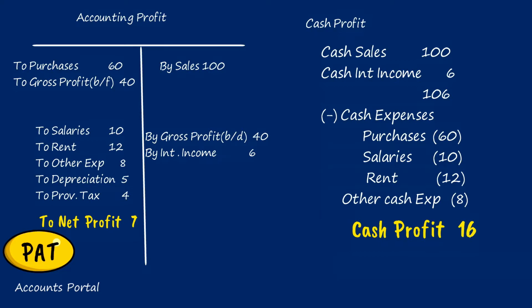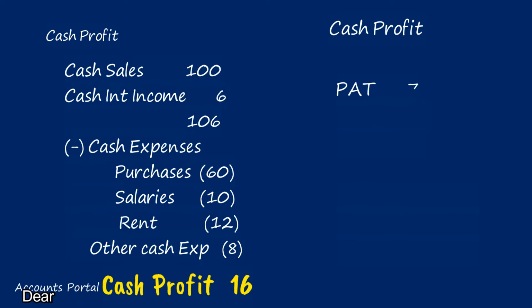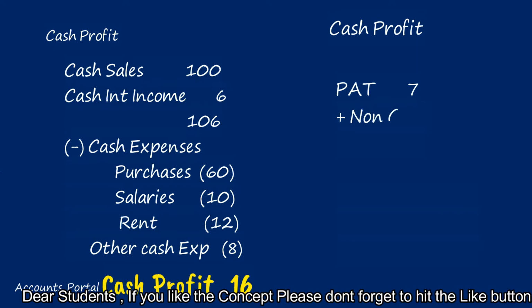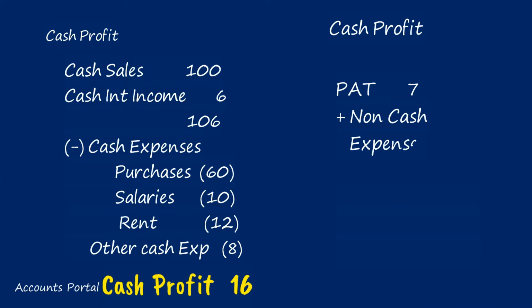Now, the same answer, 16 lakhs, we can get by one more technique, that is the indirect or reverse technique, but not in this way. We will do it in a different way. What we will do is start with 7 lakhs. Now, we will add back those expenses which are not to be considered because we are finding out cash profit.